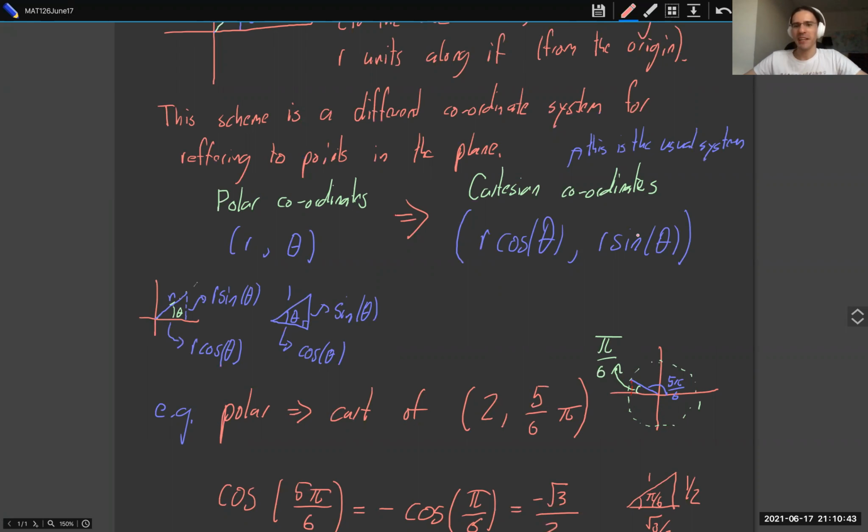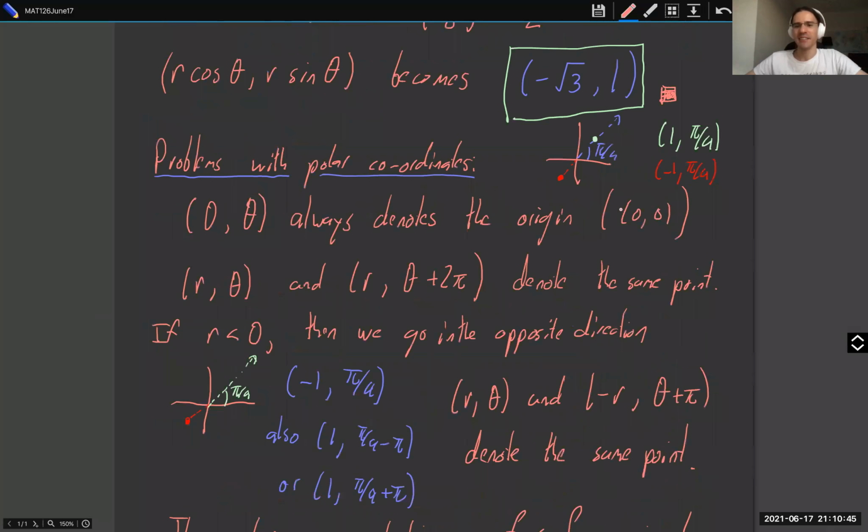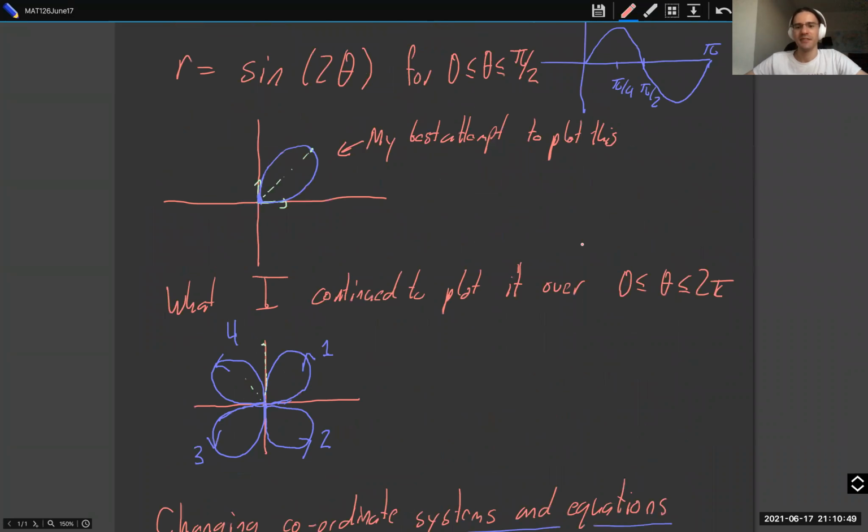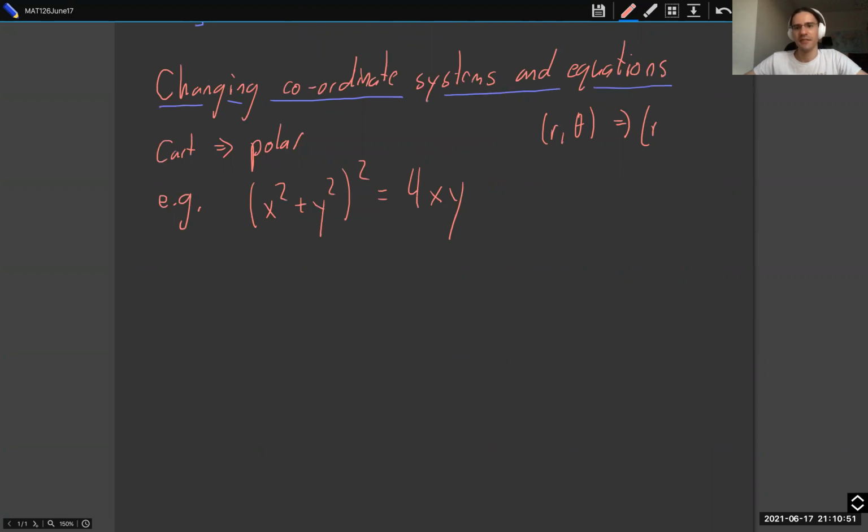R cos theta and R sine theta, right? So this is how I would write X and Y in terms of R and theta.